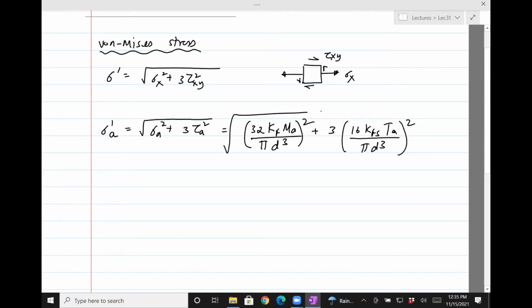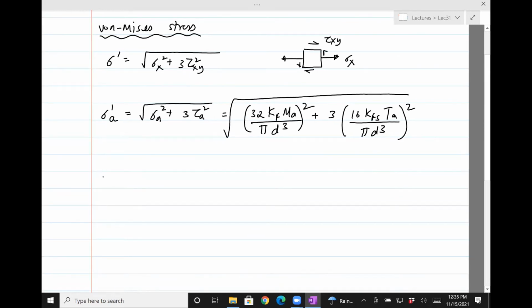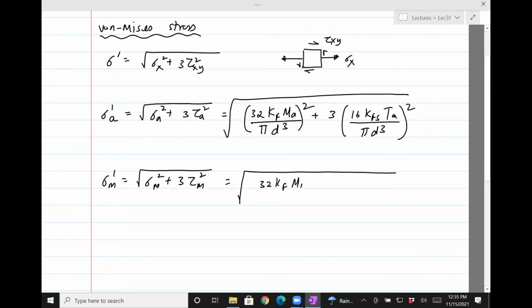This whole thing has to be under the square root sign. We can write a formula for the mean stress the same way: replace sigma with sigma m and tau with tau m, going back to the previous page for the formulas. That is 32 Kf Mm divided by pi d cubed, squared, plus 3 times 16 Kfs Tm divided by pi d cubed, squared.